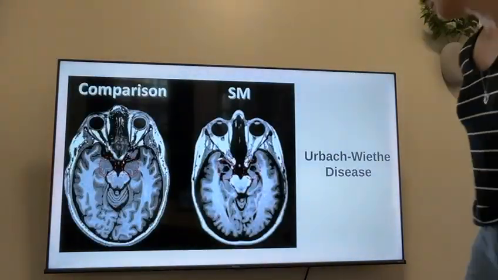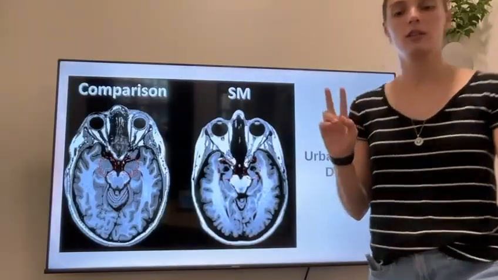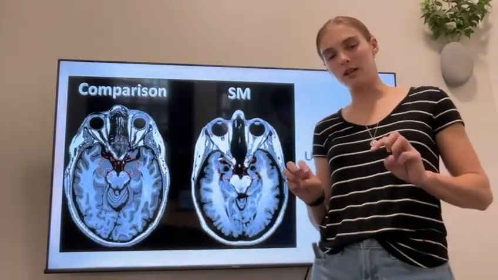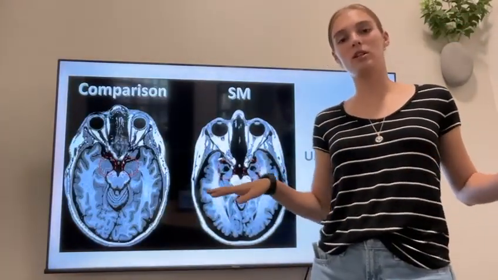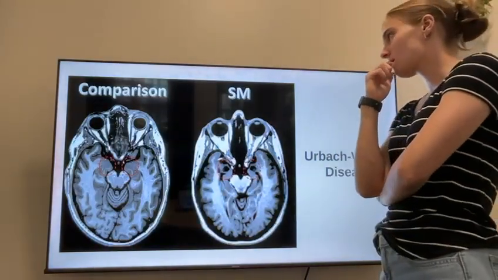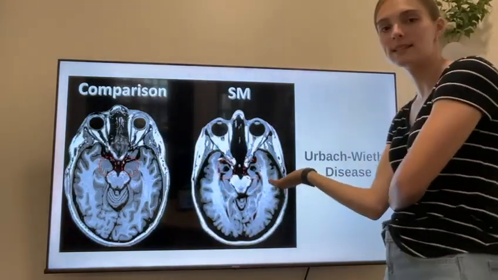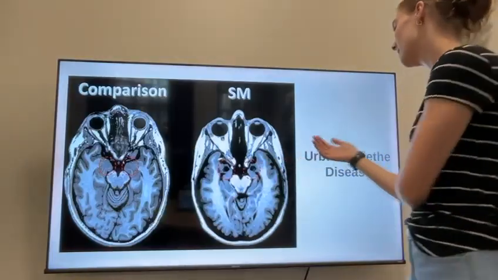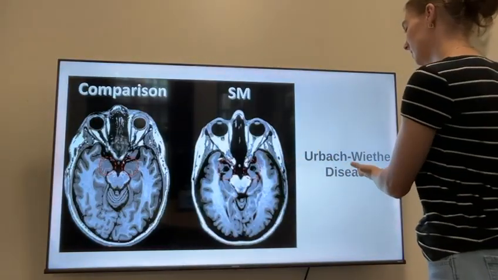So, there are basically 3 groups in the study. One is the controls, normal patients, no brain lesion. And then there's this SM patient who has Urbach-Wiethe disease.